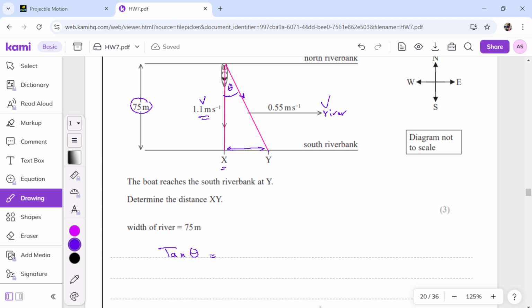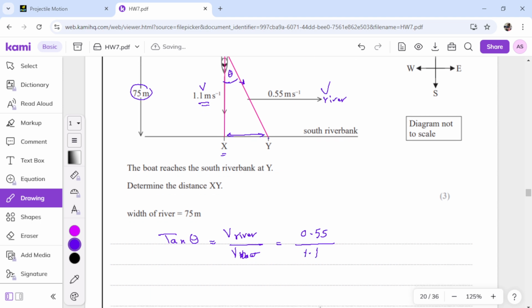equal opposite, which is V river, over the adjacent, which is V vertical of the boat. So it will be 0.55 divided by 1.1.